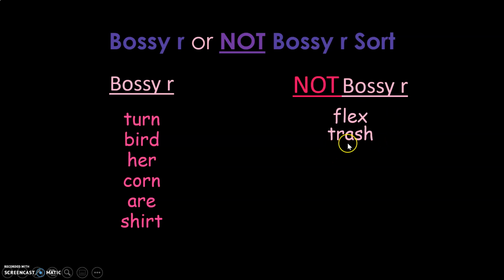Again, if you point to the vowel, we have one vowel, and it's followed by, not a bossy R, it's followed by the digraph SH, making it also a closed syllable with a short vowel sound. Trash. So these two were not bossy R, they were closed. And all of these, turn, bird, her, corn, and shirt, did belong under the bossy R heading.